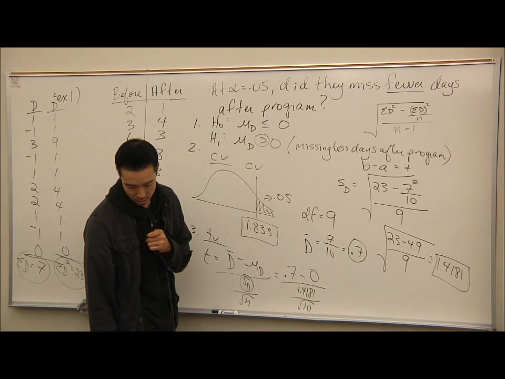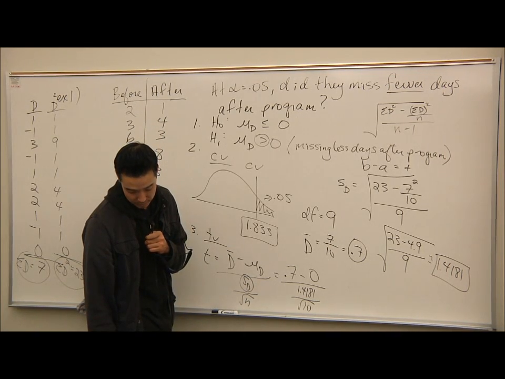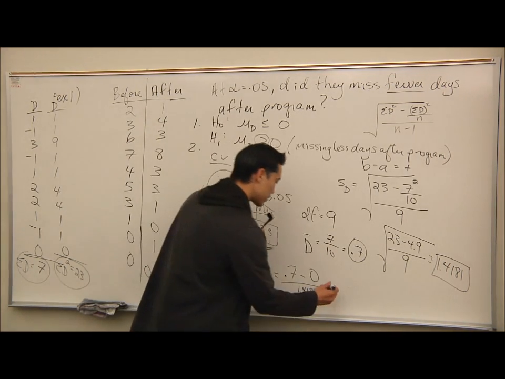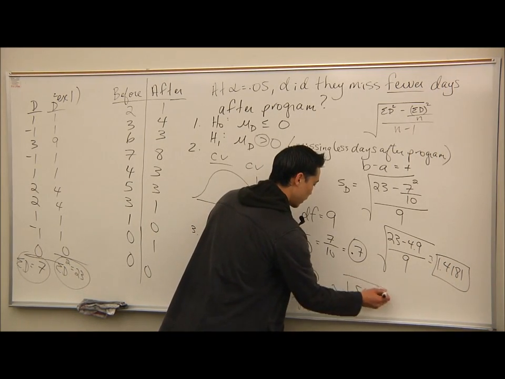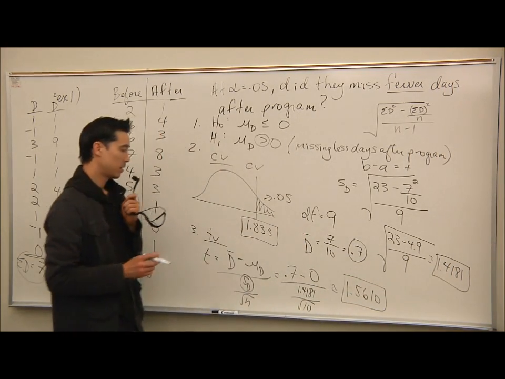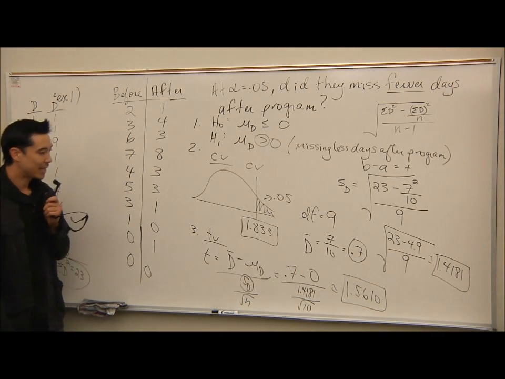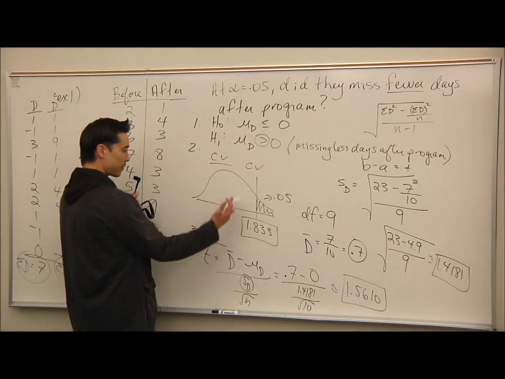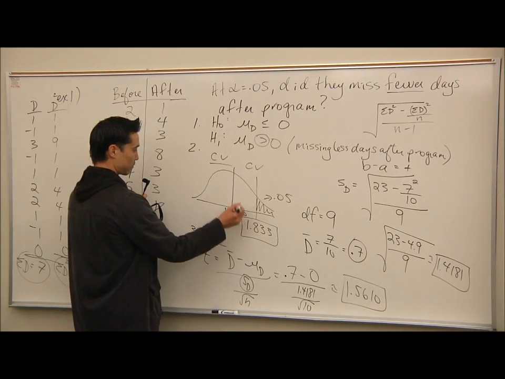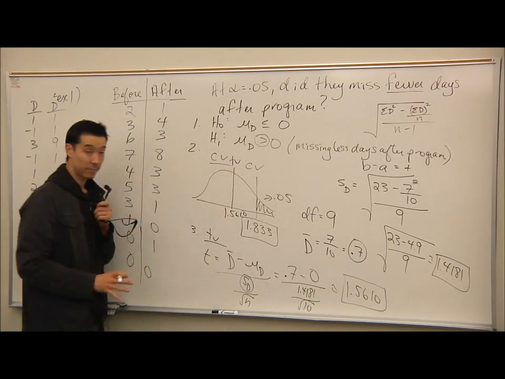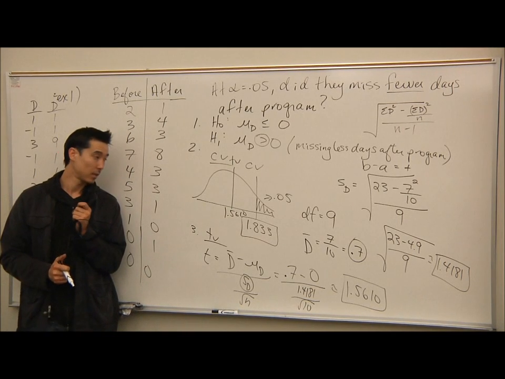Okay, so I'll go to 1.5610. So approximately 1.5610. All right, that is to the left of my critical value. It does not fall in the rejection region.